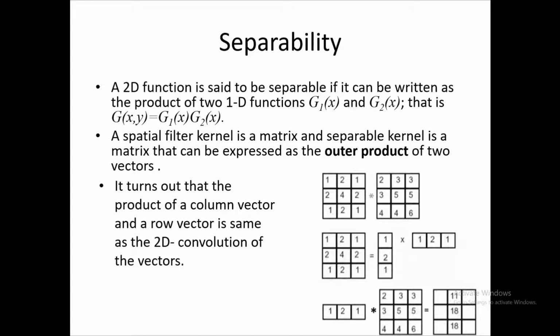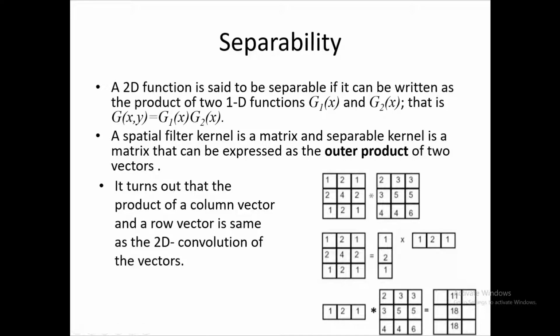We can say it is a separable kernel when it can be expressed as the outer product of two vectors. Here we can see this kernel is expressed in terms of the outer product of 1 2 1 and 1 2 1, two vectors.